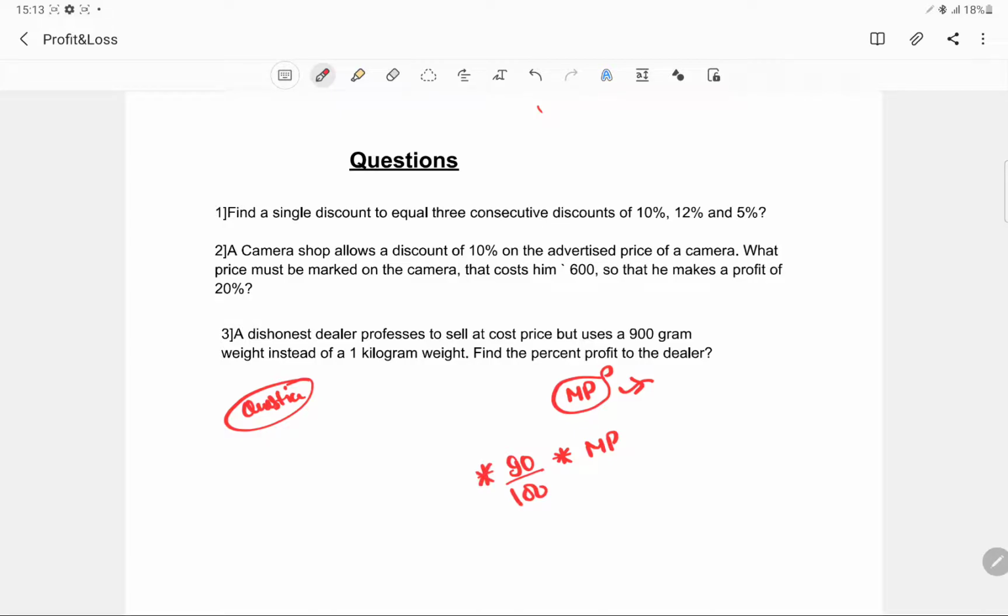Then he further offered a discount, so this was 88 upon 100. And then he offered another discount, so this was 95 upon 100 of this. Now they are asking what could have been a single discount, that is 100 minus D upon 100 into the marked price.